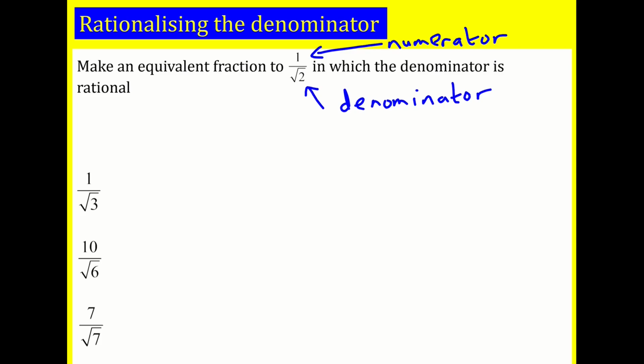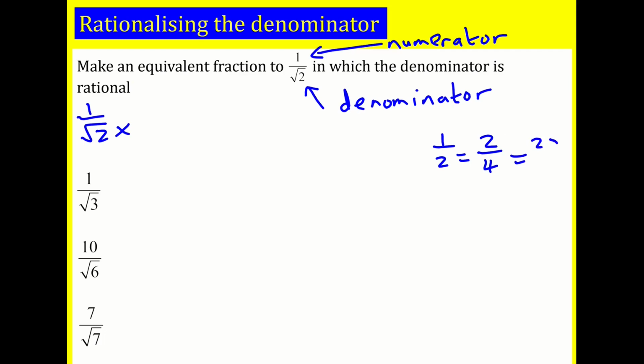Now you might already think, I know how to rationalize the denominator, but we're going to do some other stuff as well. So don't just leave quite yet. All right, 1 over root 2. How can we rationalize the denominator? Well, remember, with fractions, we can times top and bottom by the same number and we don't change it. So we could times through top and bottom by 2, or we could divide through by 2.